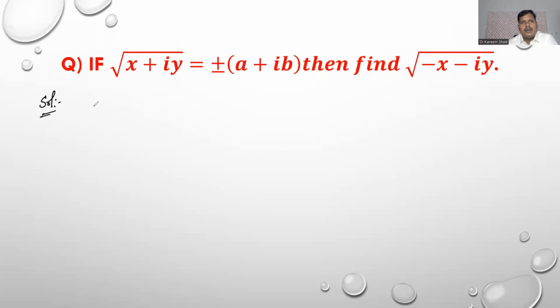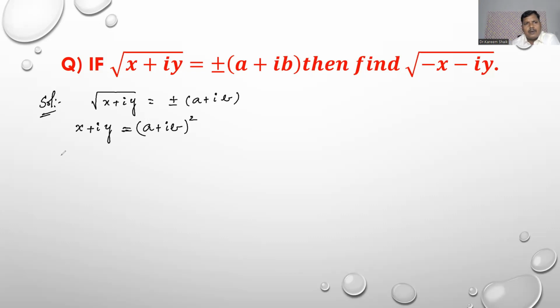The solution will be square root of x plus iota y equals plus or minus a plus iota b, as given. Now I want to square both sides to remove the square root. So I get x plus iota y equals (a plus iota b) whole square.